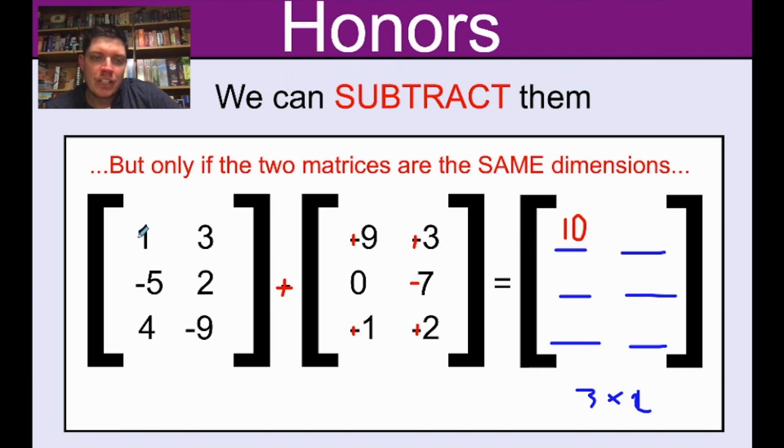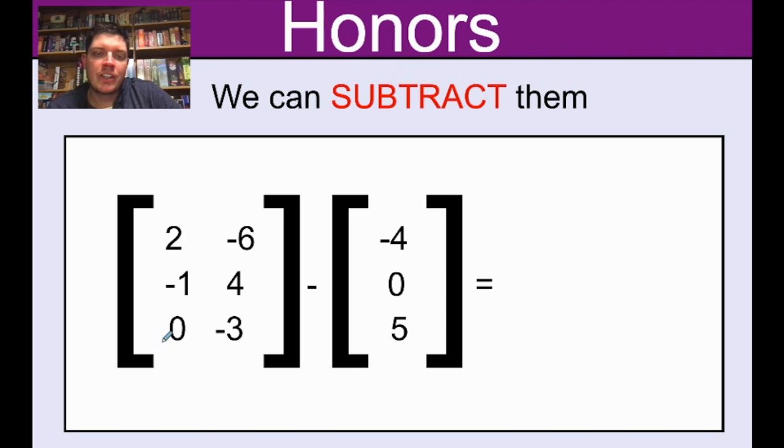To me, that's just easier for my brain to say 1 plus 9 is 10. 3 plus 3 is 6. -5 plus 0 is -5. 2 plus -7 is -5 again. 4 plus 1 is 5. And -9 plus 2 is -7. So if you're cool with subtracting, hey, more power to you. I totally support that. For me, I'm kind of bad at subtracting, and so that makes it a little easier for me.